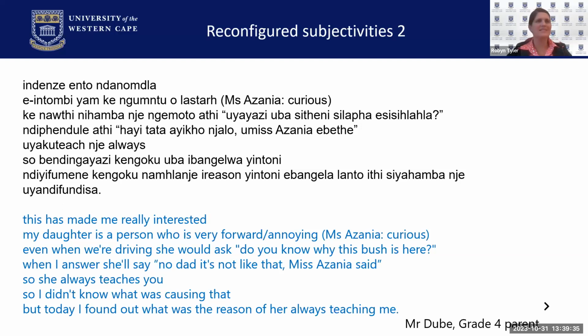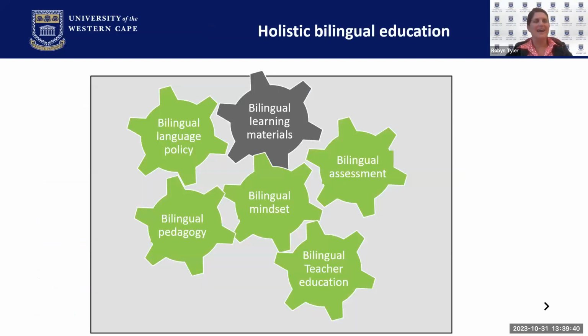I can see that my time is nearly up, so let me draw to a conclusion here. Coming out of this and looking forward, I suppose, in terms of some early recommendations and conclusions, we can see highlighted in grey that the bilingual learning materials can be seen as part of a holistic approach to bilingual education in South Africa, not only in grade 4, but all the way through, where we're looking at these different elements that are important.